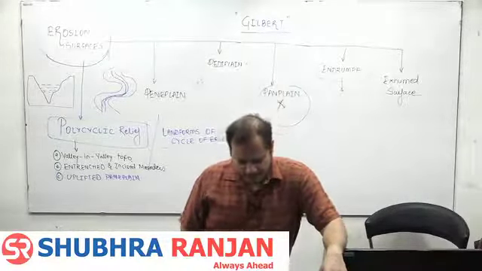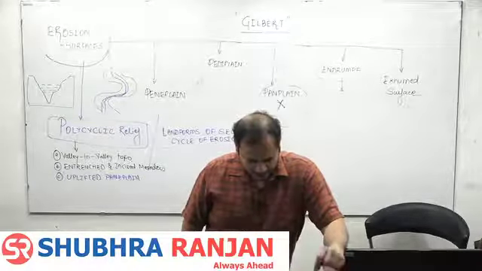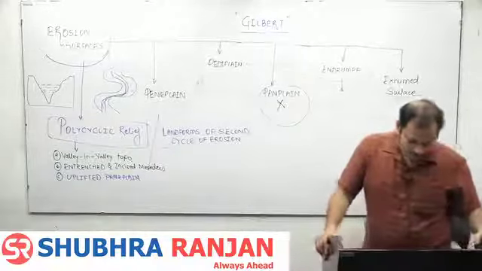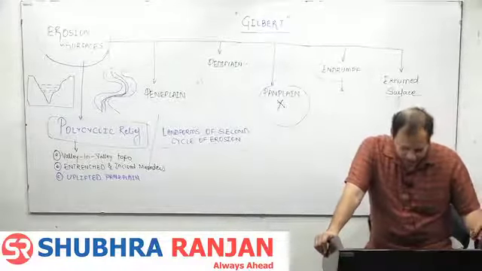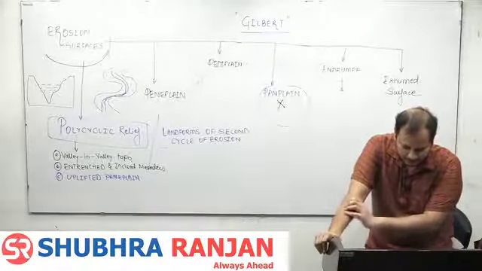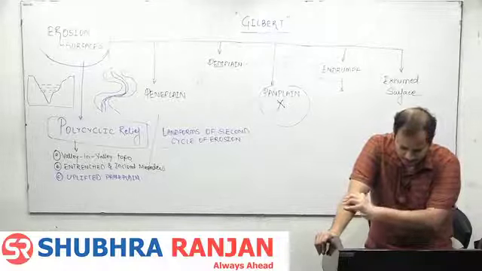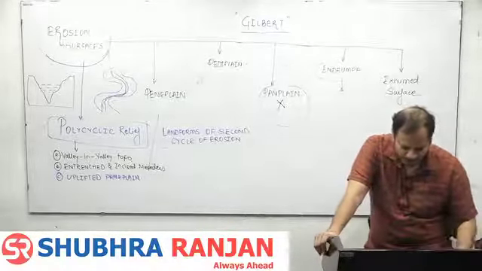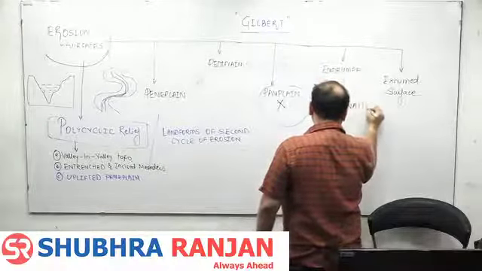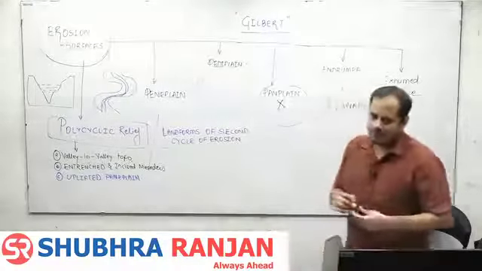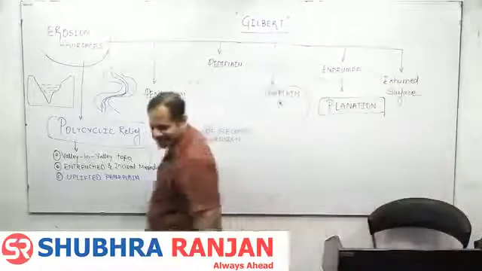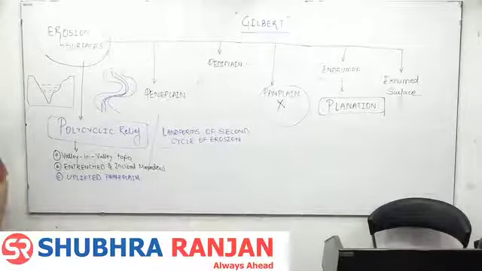Gilbert defined the erosion surfaces as the surfaces that are formed by the process of planation, किसी की हाइट कम कर देना, by the process of planation और erosion.